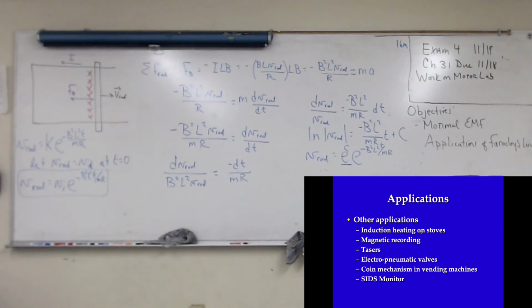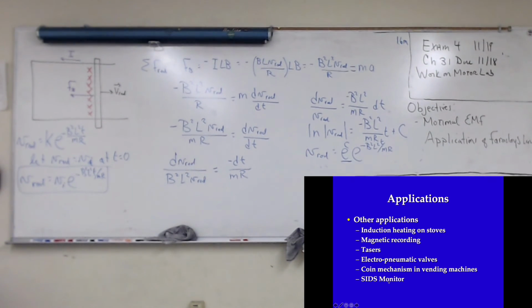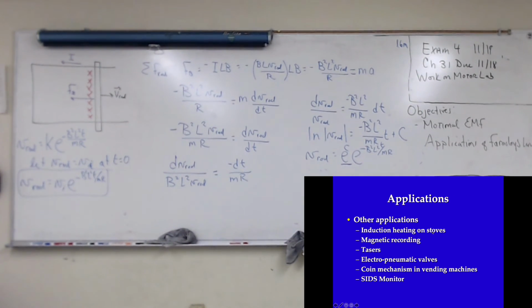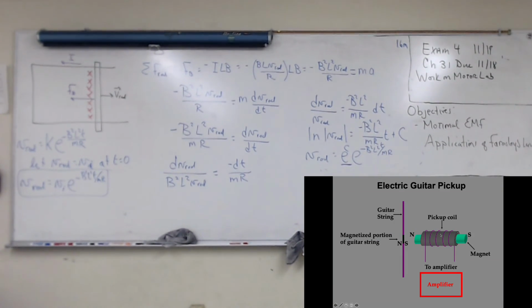So there's some applications of Faraday's law: coin mechanism, vending machine, SIDS monitor, magnetic recording. Oh, that's not used anymore. The induction heating on stoves. There's a lot of applications. Here's one: the electric guitar pickup coil.